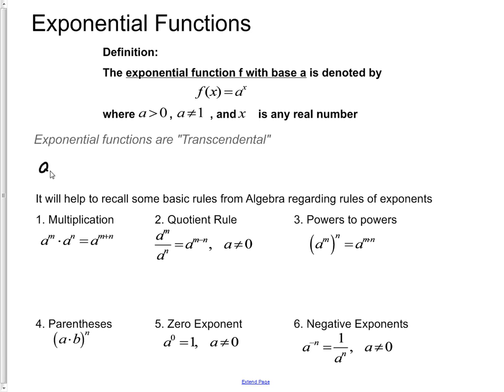An algebraic function would be like a polynomial, something like p of x equals 3x to the fifth minus 2x squared plus 3x minus 17, let's say. Polynomial and rational functions are examples of algebraic functions.